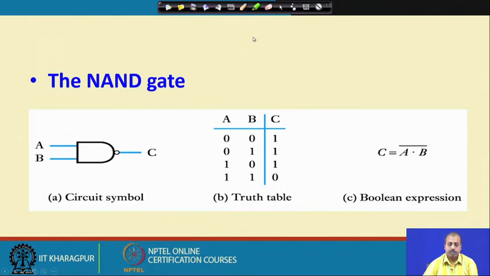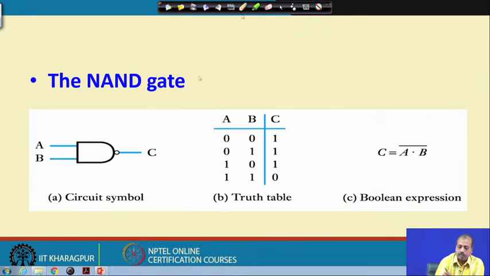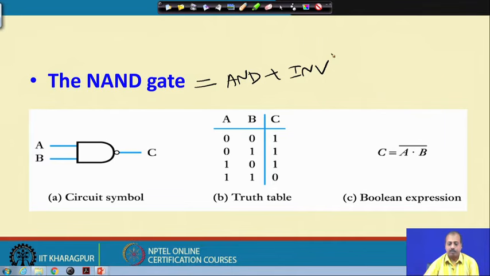Next we come to some derived gates, like the NAND gate. NAND is equal to AND plus inverter. You see that the symbol is also like that: this is the AND gate, and after that there is an inverter bubble.